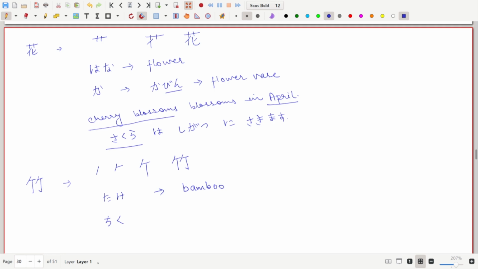If you want to make a sentence, we can make take de fue o tsukurimasu. Fue is flute, so we can say the flute is made of bamboo: take de fue o tsukurimasu. So this is the kanji we'll do today.